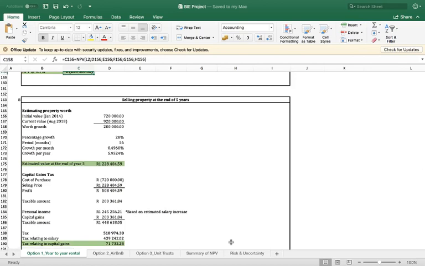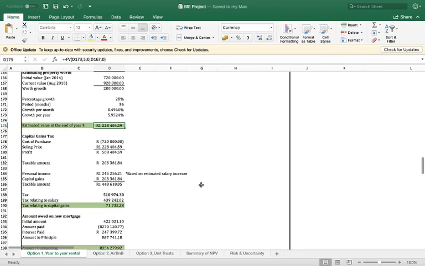To evaluate this alternative, some more calculations are required. First, we need to estimate the property worth at the end of the 5-year period. This is done by applying the average growth rate per year to the current data, bringing the estimated property value at the end of 5 years to around 1.2 million Rand.